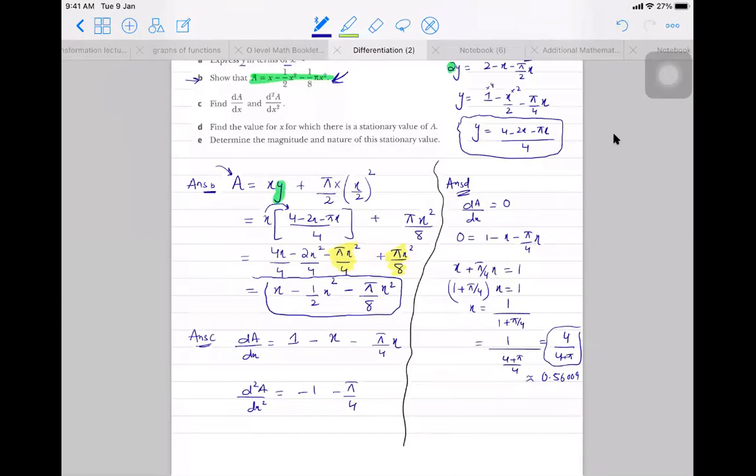Now, you need to find the stationary value of A. Once you have the value of x for which the stationary value of A is occurring, you can just plug this value in the area equation. The area equation is given to you over here. So I can take 0.56009 minus half times 0.56009 squared. You can also take the exact value.